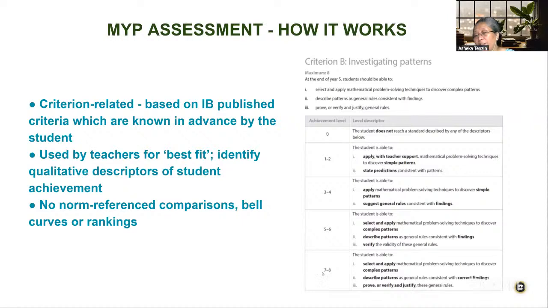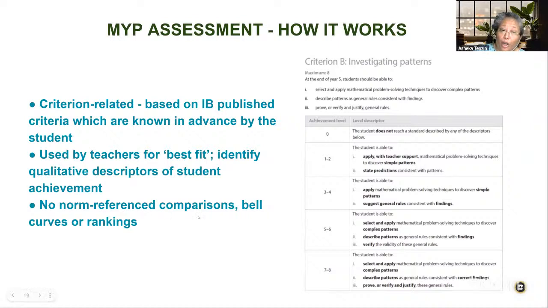Why? Because it's the best fit. The student has the ability and has shown most of it. So based on the formative assessment and the performance of the student right now, I may decide to give a 7 and not a 6. Therefore, you should have enough evidence to prove your best fit. Okay, it is professional judgment.